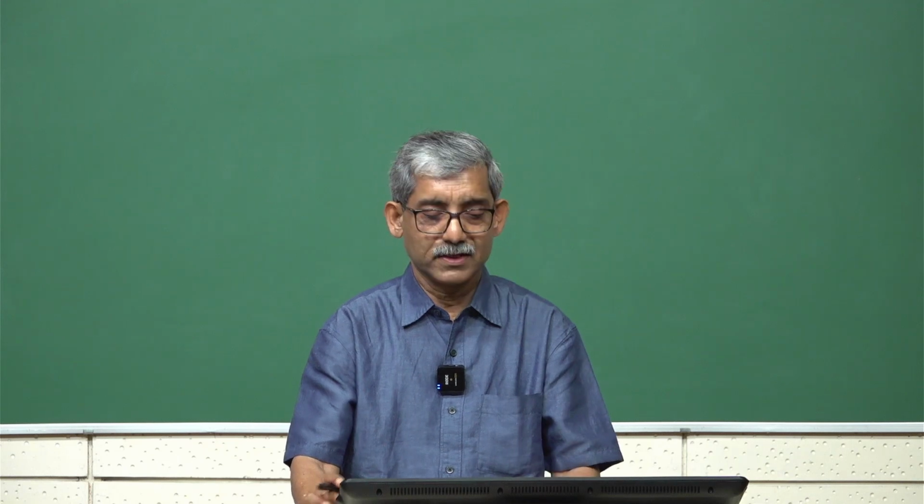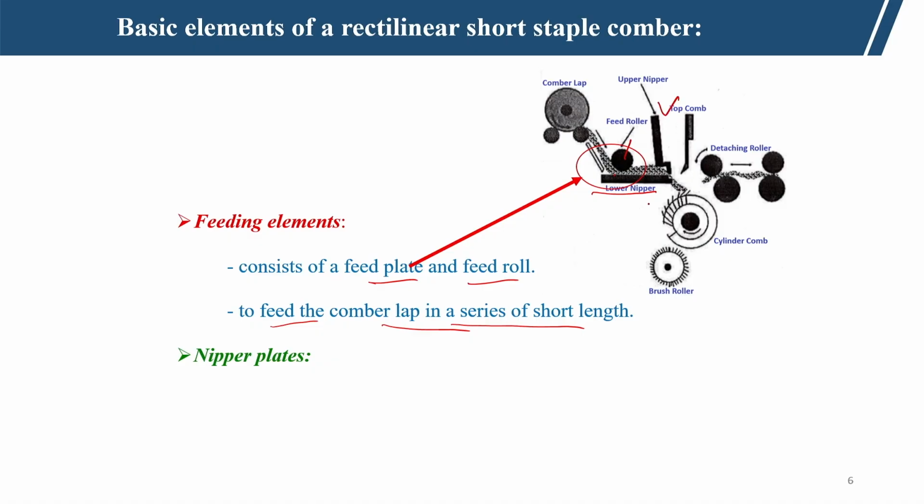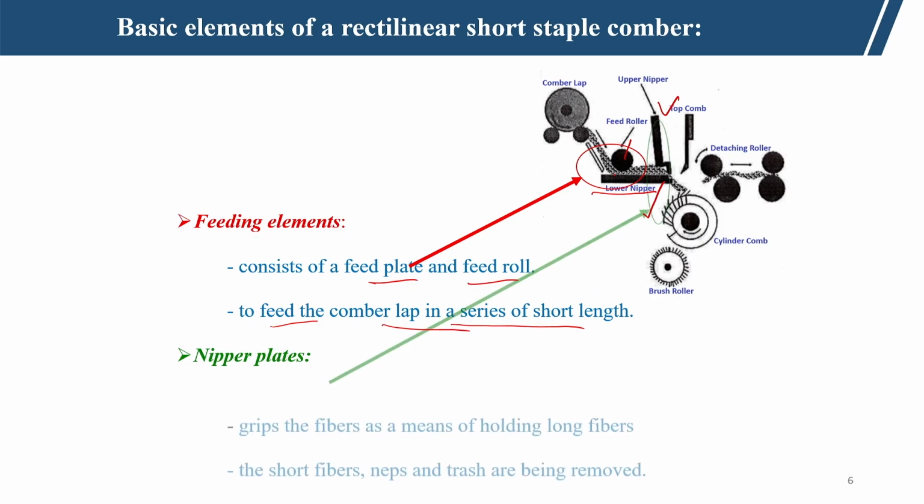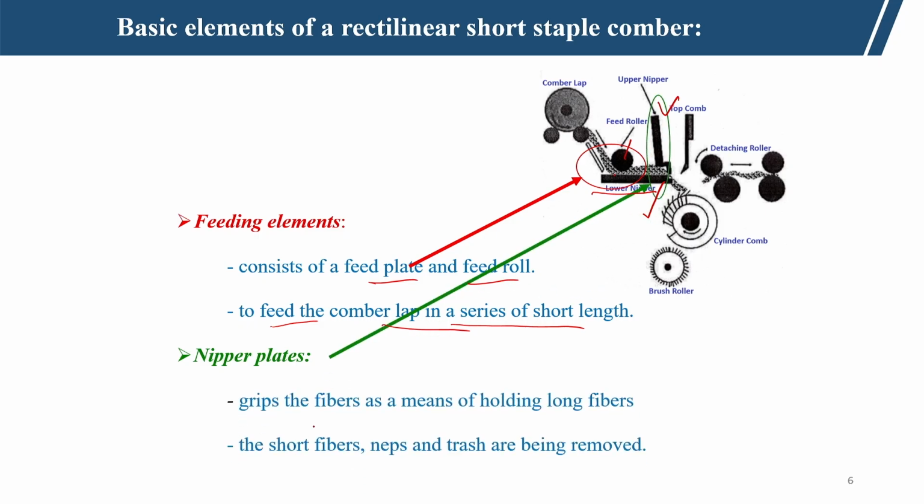And the nipper plates: this is the top nipper, here is the bottom nipper. The function of the nipper plate is to grip the fiber and hold it, so that the cylinder comb does not take the fiber as a clump.